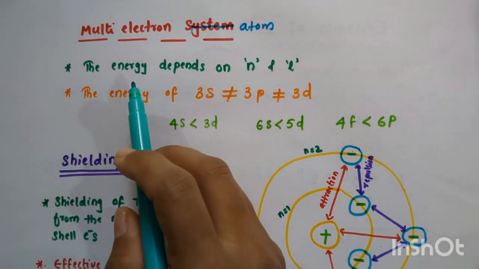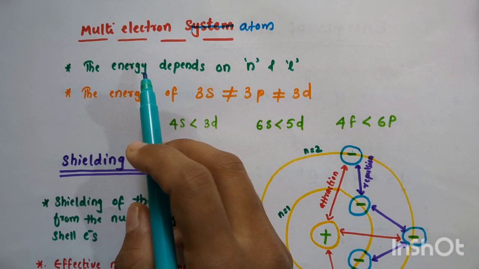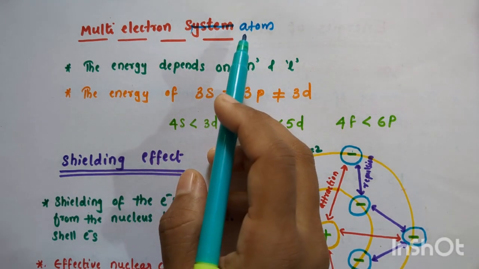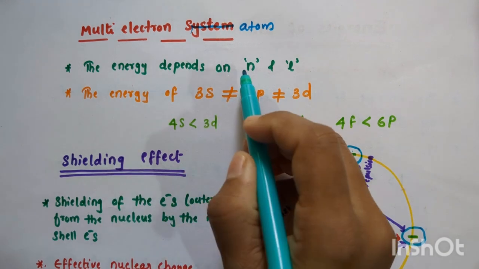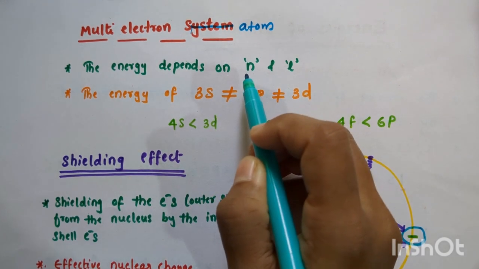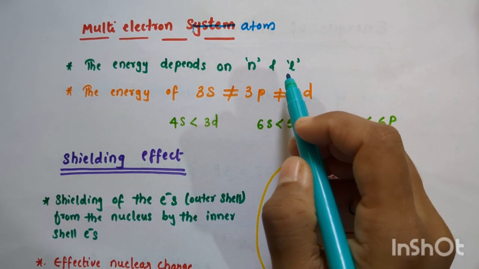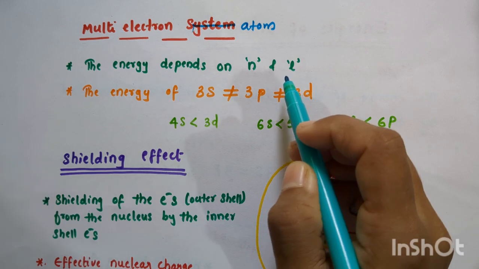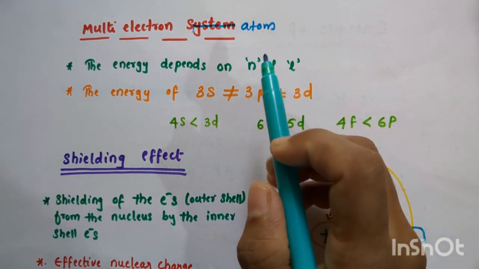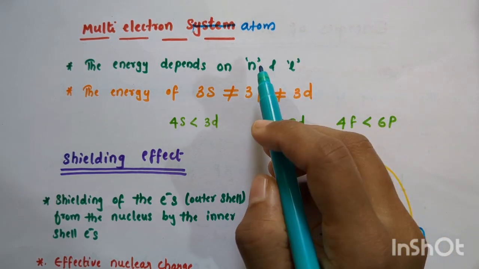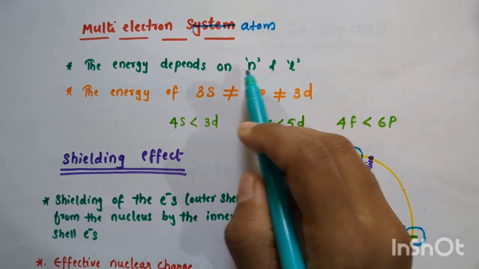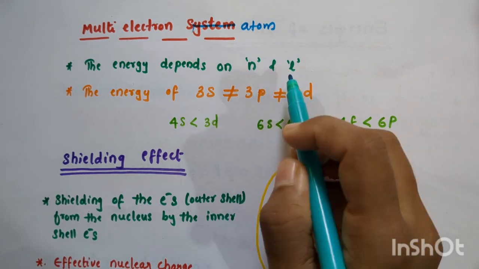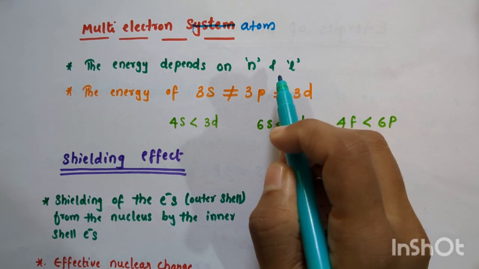So, the energy of an electron in a multi-electron atom depends not only on the value of the principal quantum number n, but also on the value of the azimuthal quantum number l.